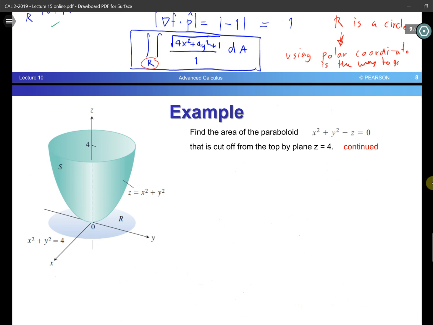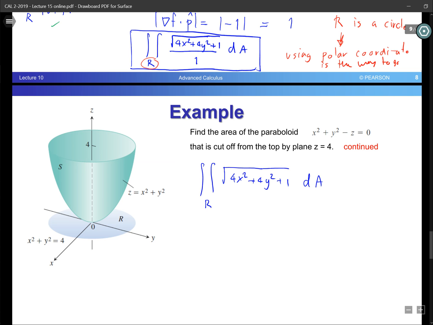Alright, so this is what we have. Double integration over R, that is a circle, of the square root of 4x squared plus 4y squared plus 1, dA.